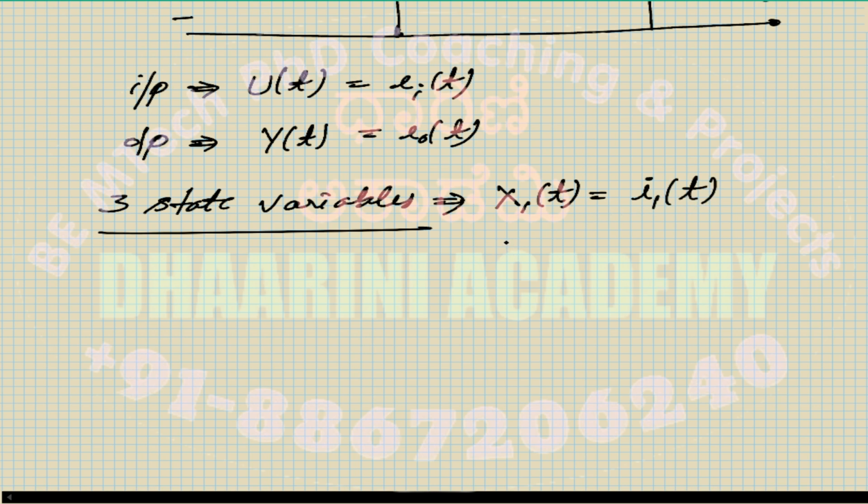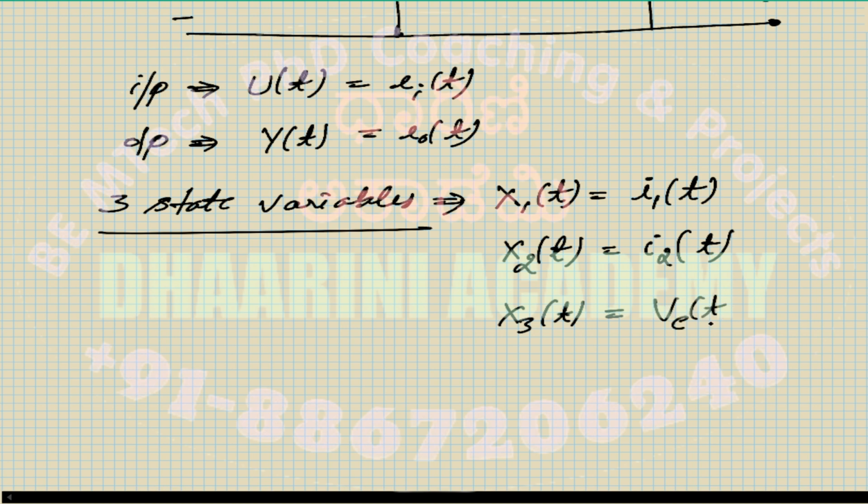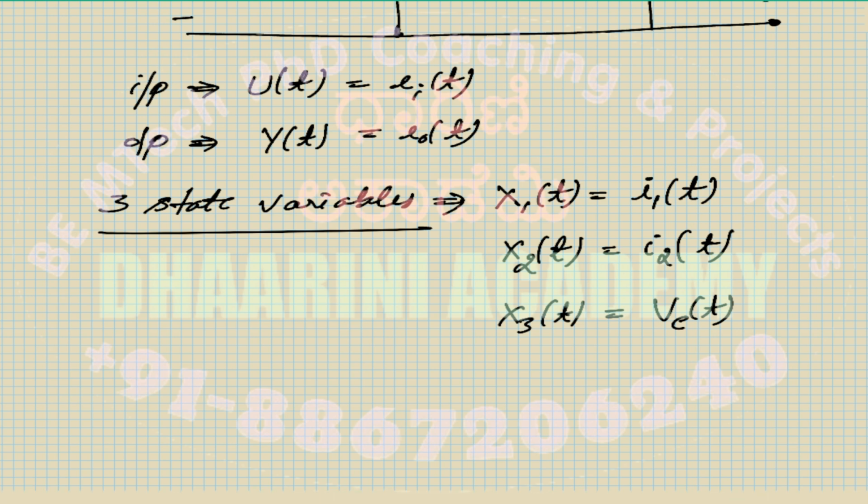Then x2 of t is I2 of t, the second loop current, the current flowing through that inductor. And x3 of t is the capacitor; it's already mentioned that the voltage across the capacitor is Vc of t. So we have three different state variables identified like this.